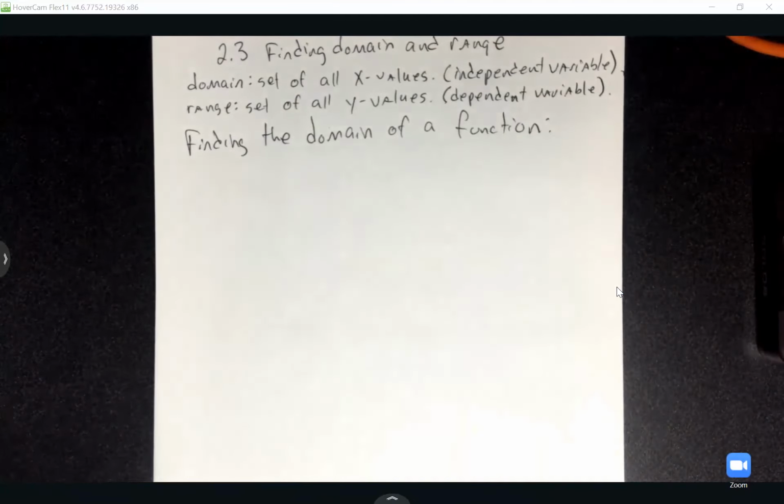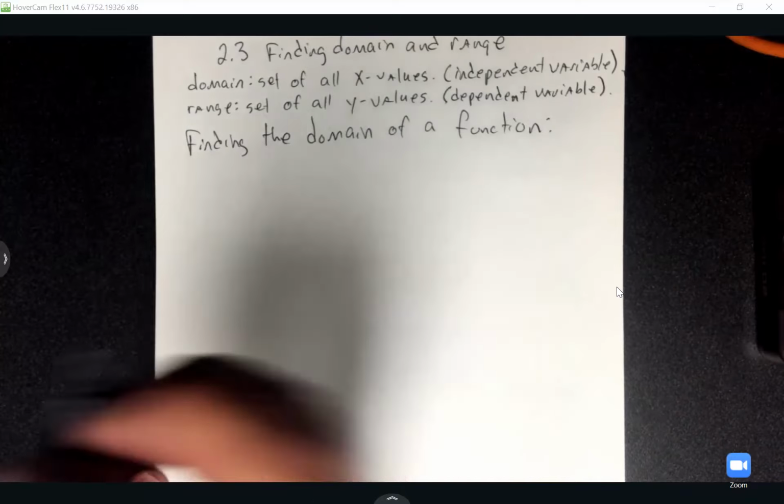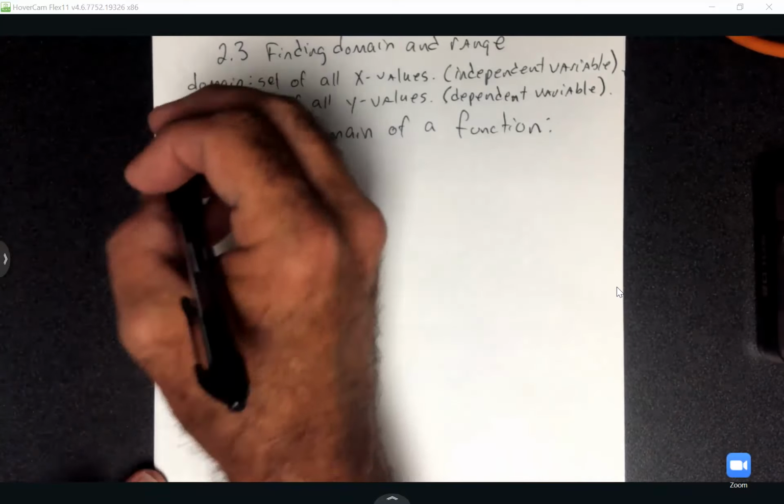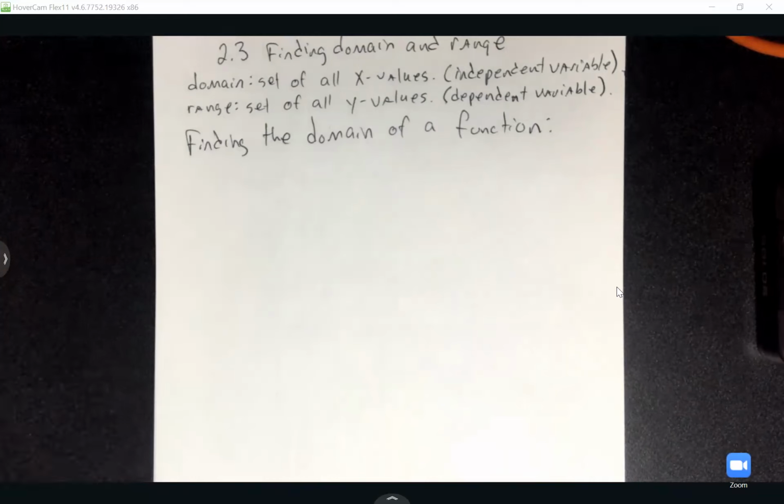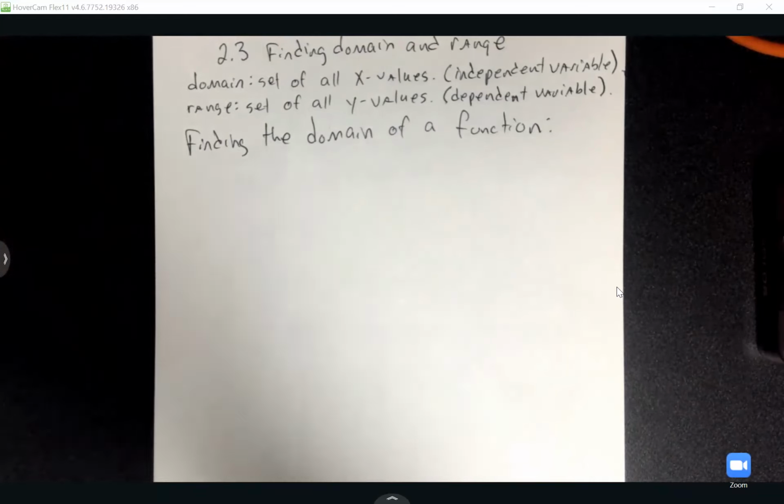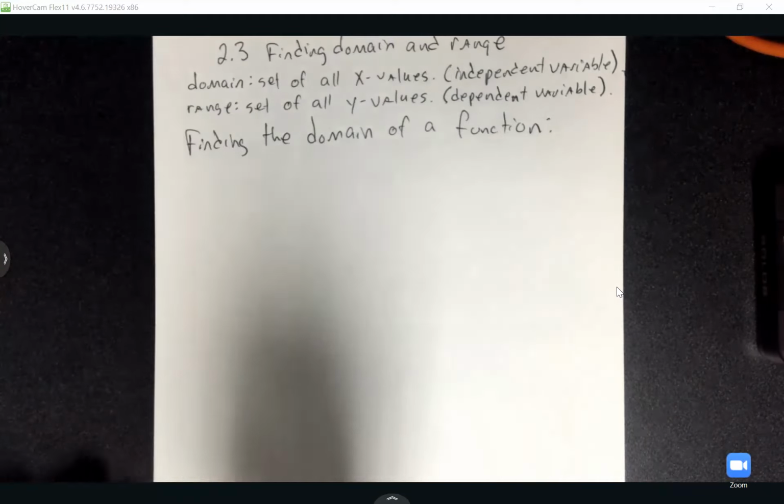So when we're given a function, our domain has to consist of X values that I can put into the function for the X's and get a real number out of it. So when we're looking at functions, there's two things we're worried about, and we're only going to worry about one of them right now. Later in life, after about 3 or 4 weeks, we'll look at the other situation.